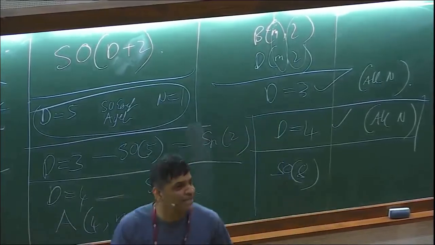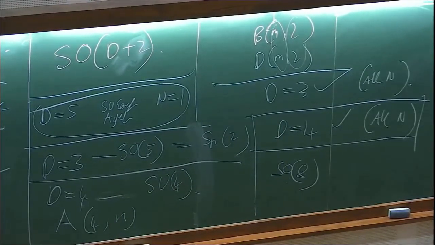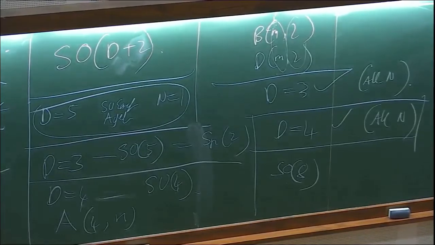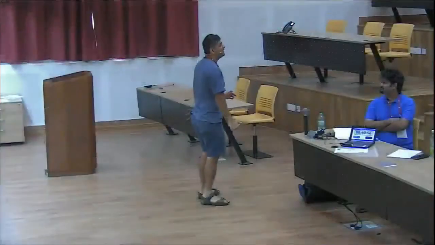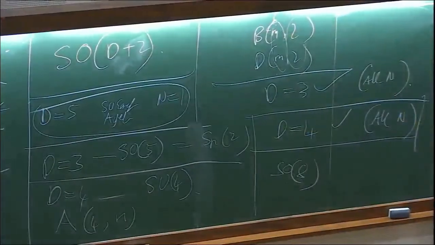Who knows another name for SO8? SO8. That's an excellent answer. SO8 is another name for SO8. You might think I'm being stupid here, but it's not being stupid. SO8 has this wonderful property of triality. Do you know this property?